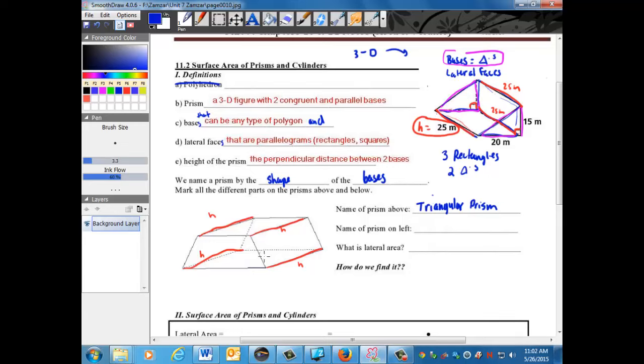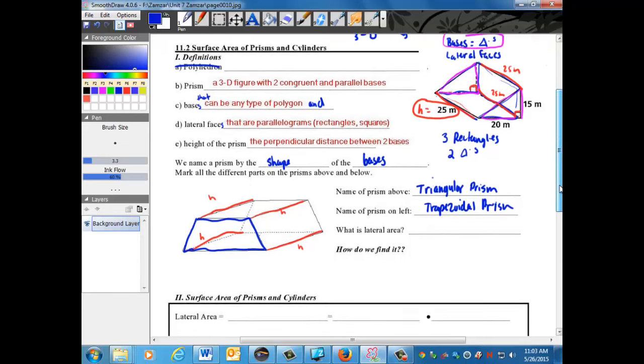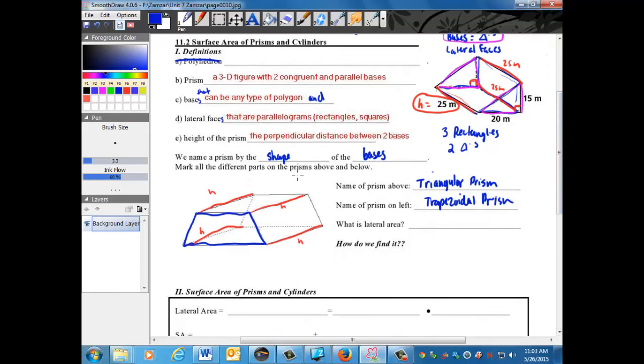The base in this problem, let's highlight the base, and here's our base, and this base is a trapezoid. I'm not drawing very straight today. So this is a trapezoidal prism, and it's asking for its lateral area, or what is lateral area. All right, well, lateral area is the sum of all lateral faces.